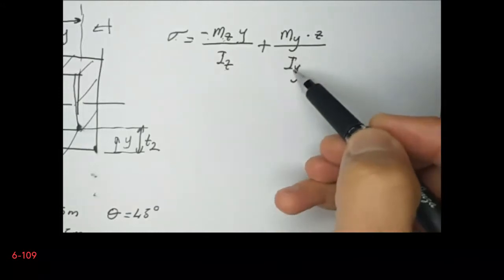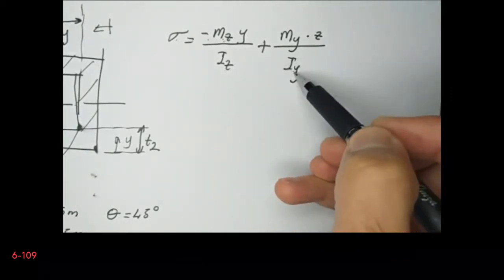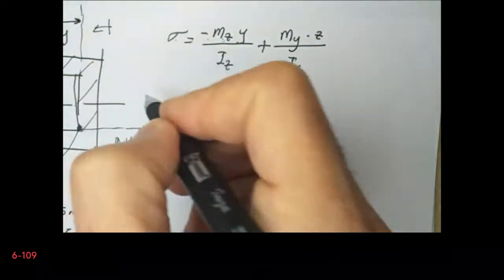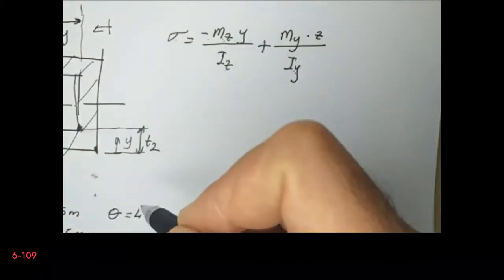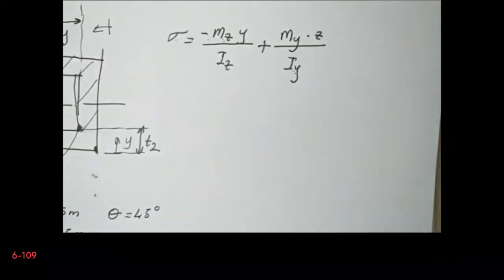So Iy and Iz are the moment of inertia around the z-axis and the moment of inertia around the y-axis, since it is the centroid. The structure rotates around this axis. This cross section will tend to. Okay.